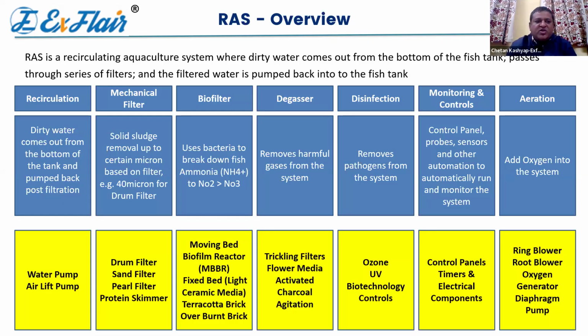Today I'm going to talk about RAS. RAS is one of the very advanced techniques to do aquaculture. In RAS, we are able to do fish farming at a very high density. For example, in a traditional pond, you might get 1 kg of yield per cubic meter of water, where a cubic meter means 1000 liters.